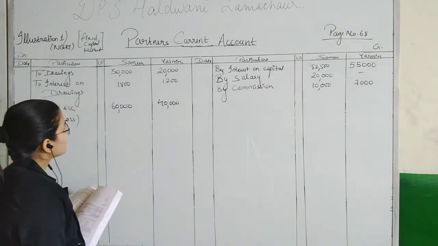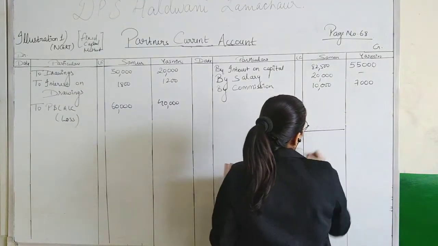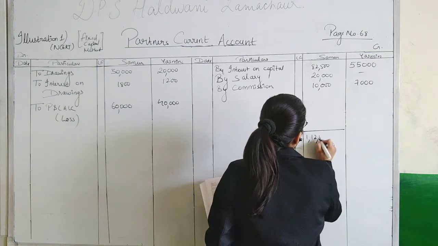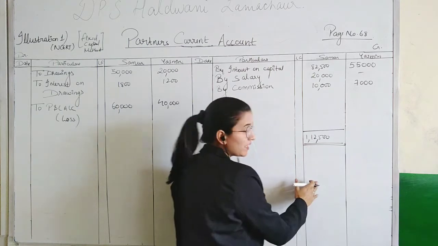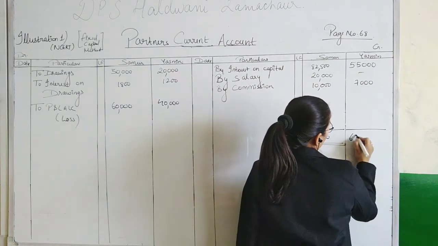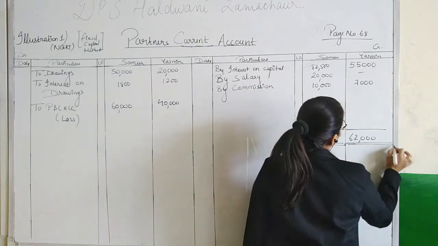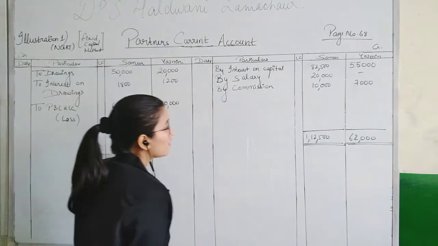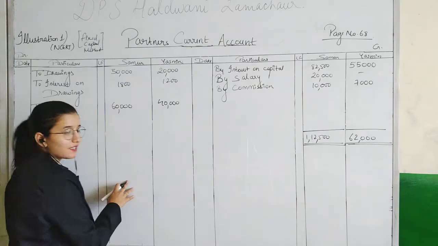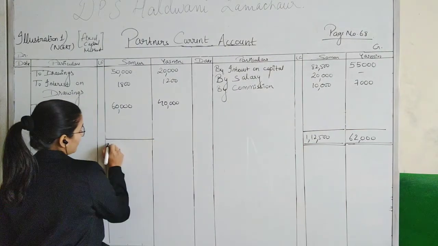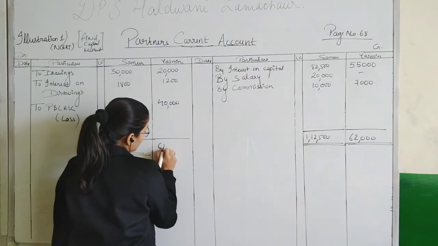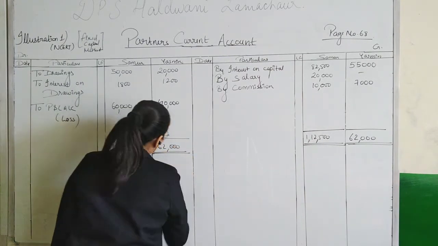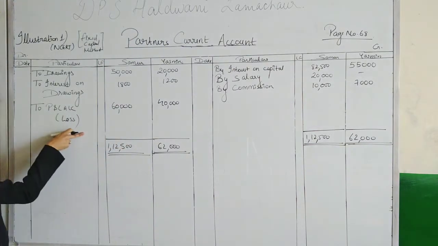So as we can see here, credit side is having a greater value with the amount 1,12,500 total of Sameer and 62,000 total of Yasmin. So we will record the same amount on debit side also, 1,12,500 and 62,000. So this will be the balancing figure for us.